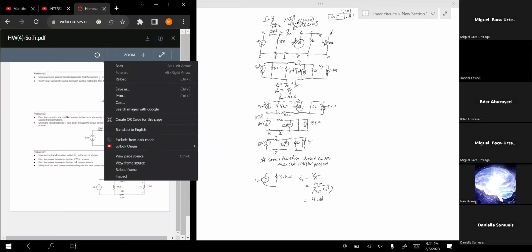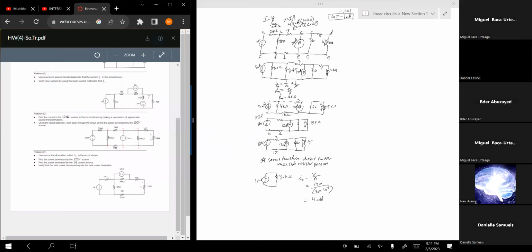This is probably meant to say delivered. Power developed. Total power developed equals the total power dissipated. So we're trying to find V naught. Okay. That's a rough one.